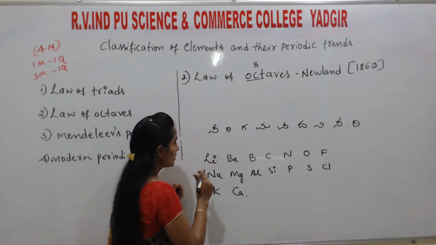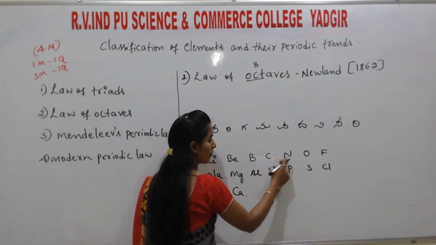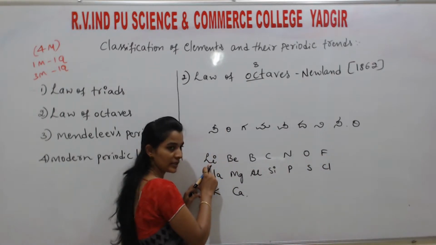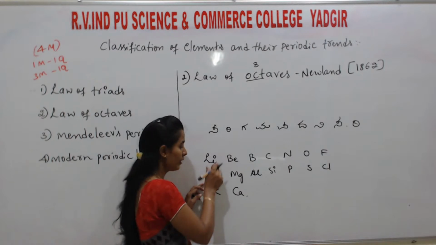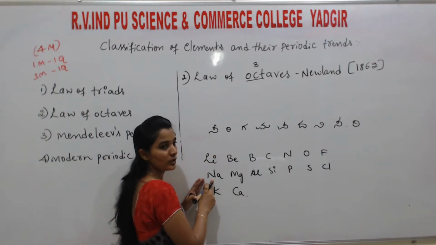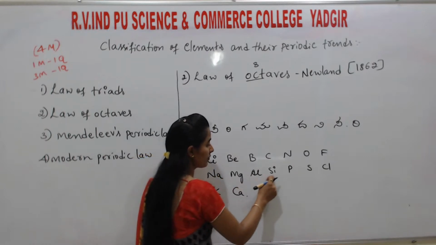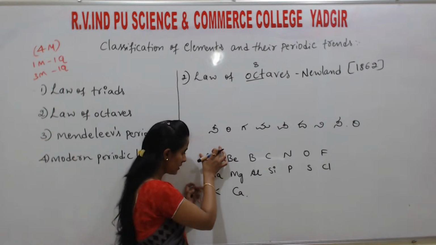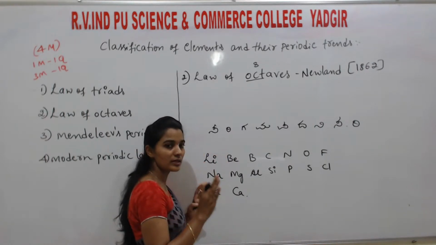Here you consider, from here 1, 2, 3, 4, 5, 6, 7, 8. If you consider this one as element 1, this is the 8th element which comes exactly below the first element. Next, if you consider this one as first element, 1, 2, 3, 4, 5, 6, 7, 8, this is the 8th element. So these three are in the same column, they behave in the same manner.